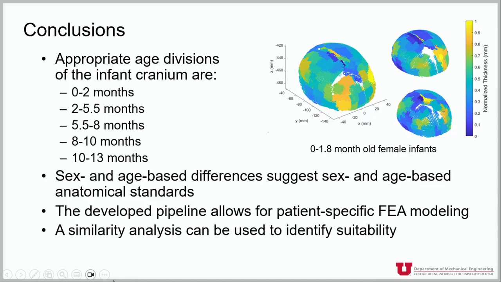We did find sex and age-based differences. And so this suggests that we need to consider this when trying to develop computational modeling tools and look at skull fracture in infants, and that we will have to have sex and age-based anatomical standards if we want to develop some kind of standard modeling approach.